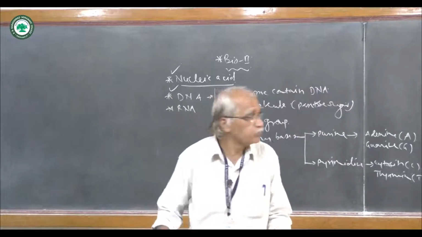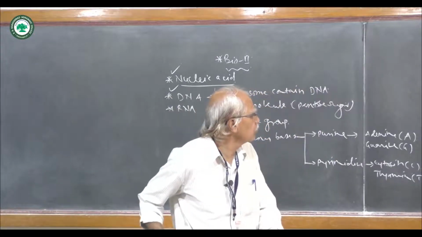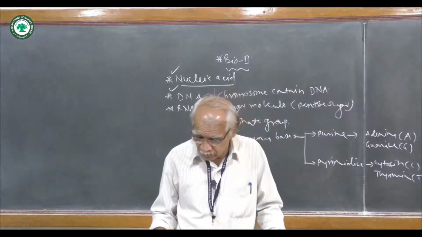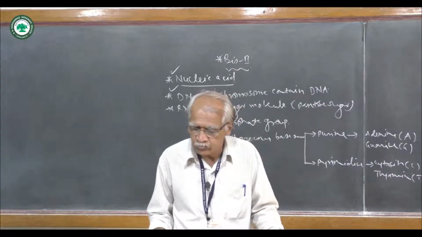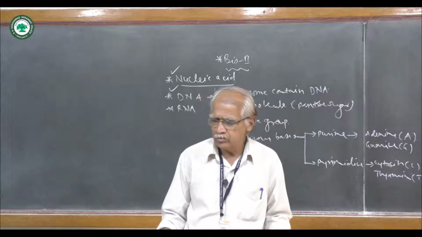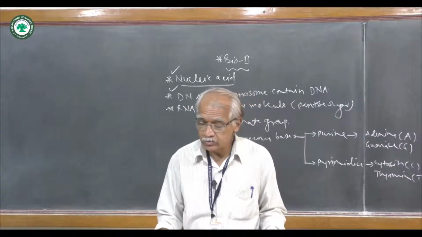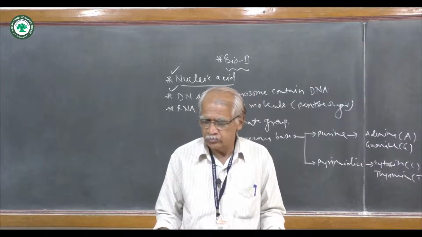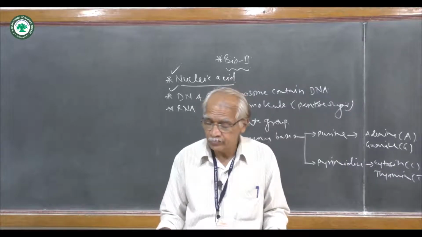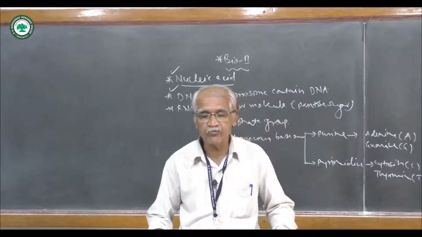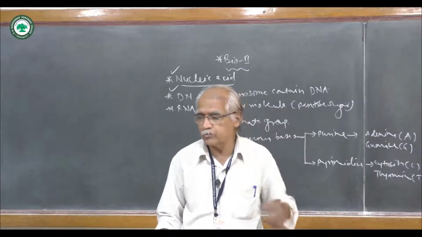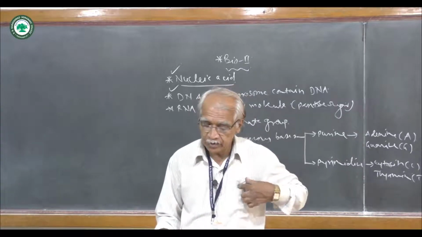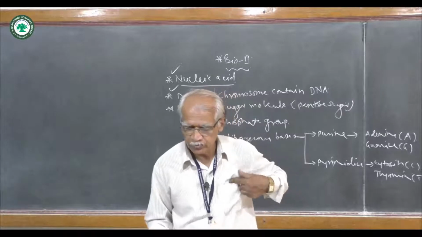DNA is nothing but a long chain made up of alternate sugar and phosphate group, and the sugar is always deoxyribose sugar and it always joins with phosphate group.